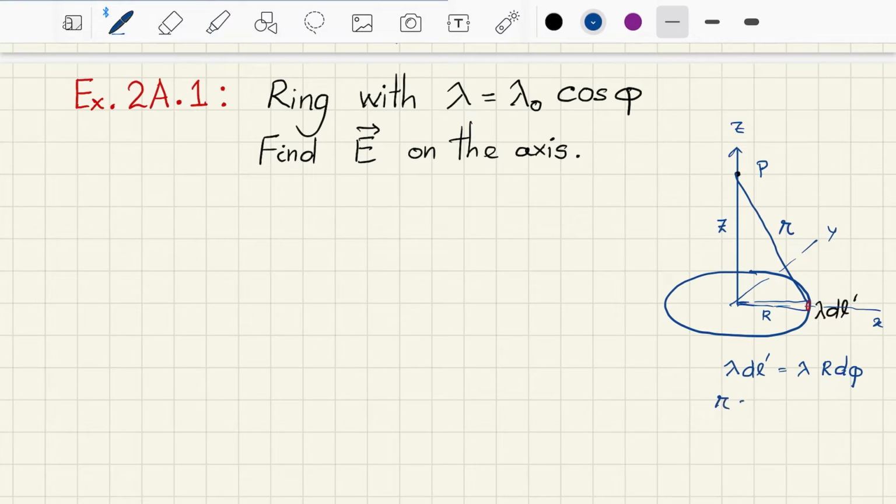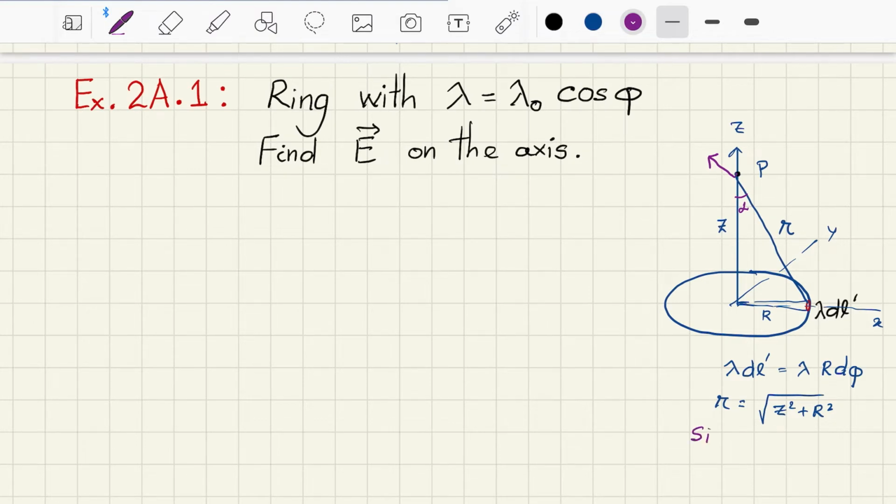R is, of course, root over z square plus r square. And I can clearly see that there would be an electric field in this direction, and so it will have a component, and this angle, let it just be called alpha.